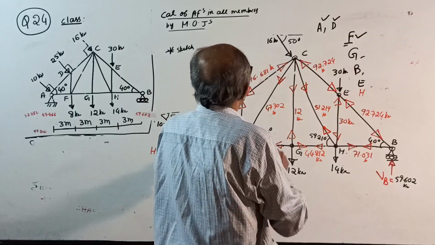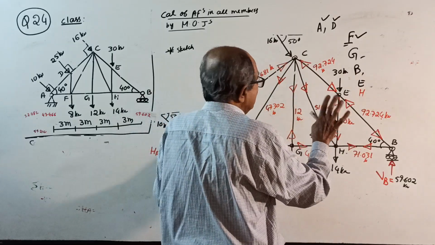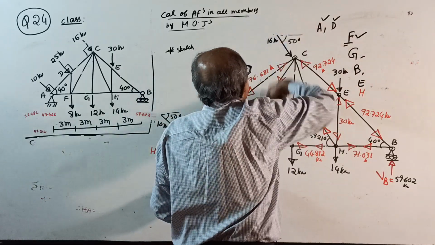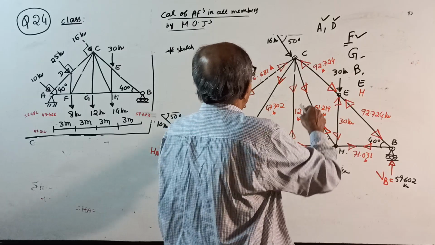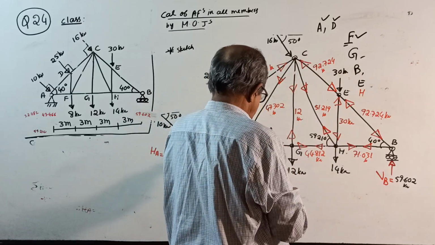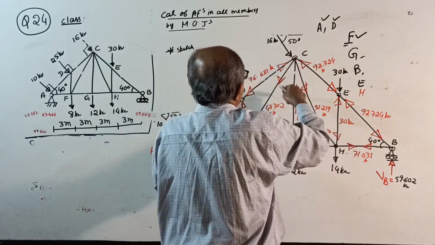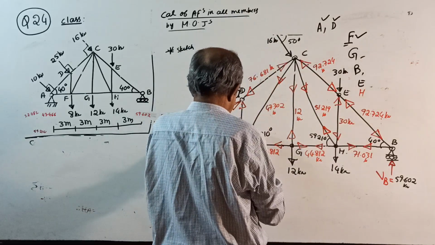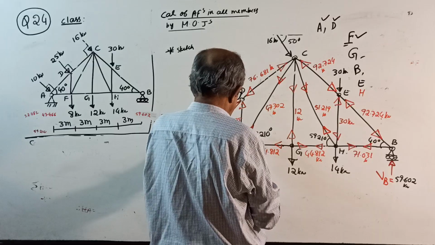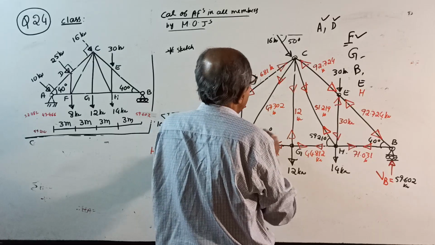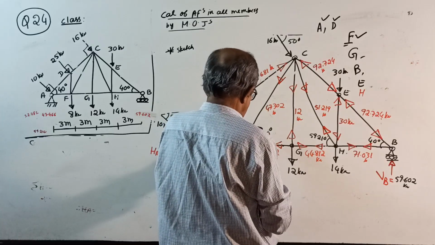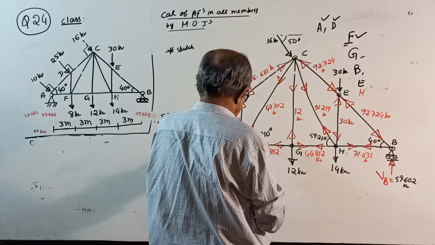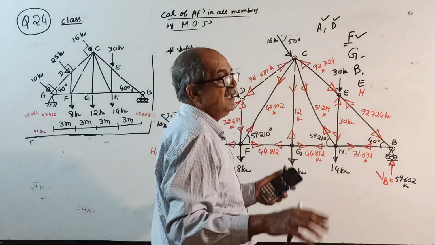If you want to check, sigma V, just for fun, minus 16 sin 50, minus 16 into sin 50, minus 12, plus 76.681 into sin 40, plus 92.724 into sin 40 are gone, fully gone.